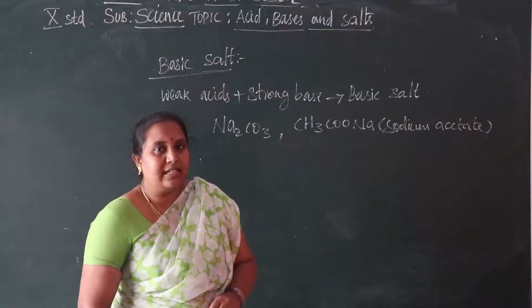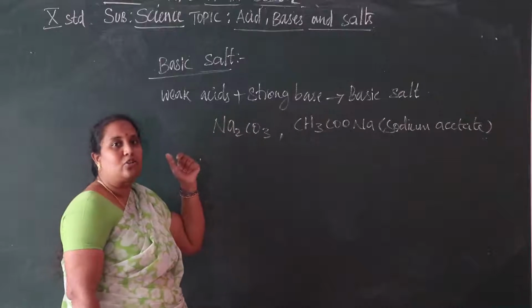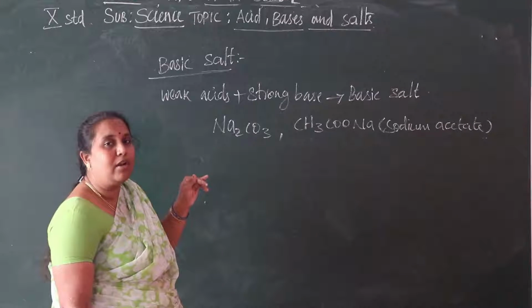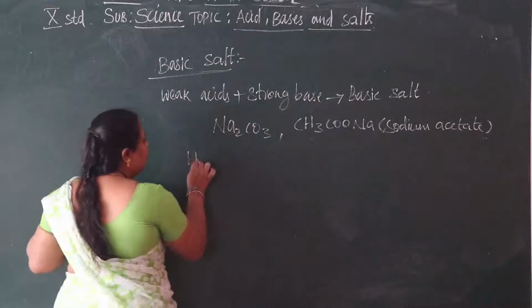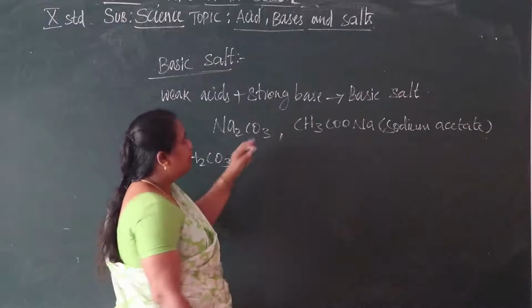So what is the reaction? Let us see the reaction between weak acid and strong base. First, we can take carbonic acid. What is the molecular formula for carbonic acid? H2CO3. H2CO3 plus a strong base.